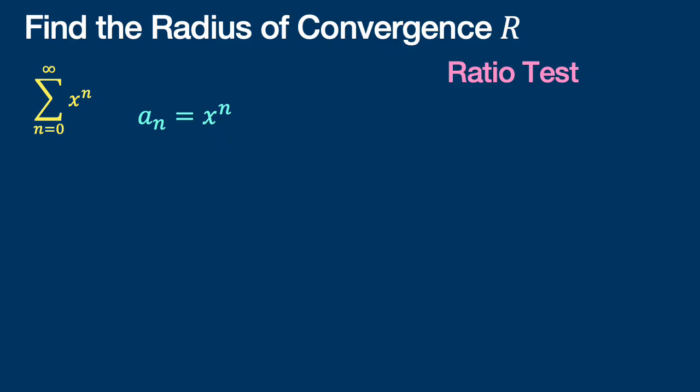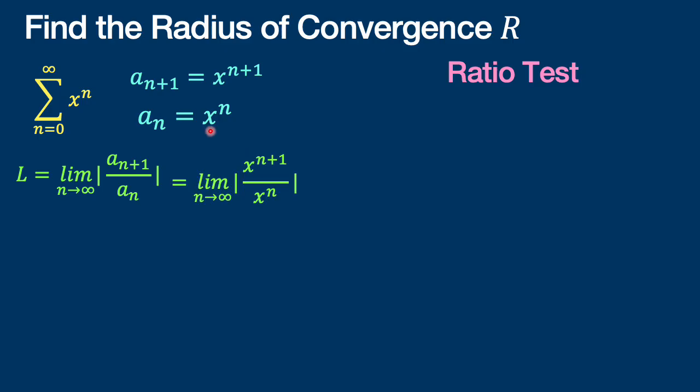The ratio test is the ratio of consecutive terms. So we take a_n, that's x^n, and a_(n+1), x^(n+1). Let's do the ratio test. L is the limit of a_(n+1) over a_n, where a_(n+1) is x^(n+1) and a_n is x^n.